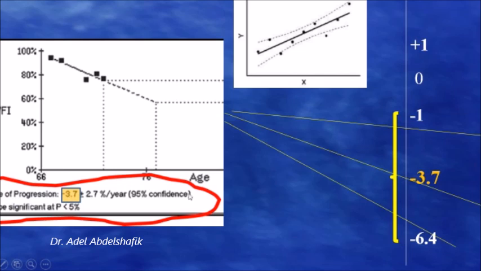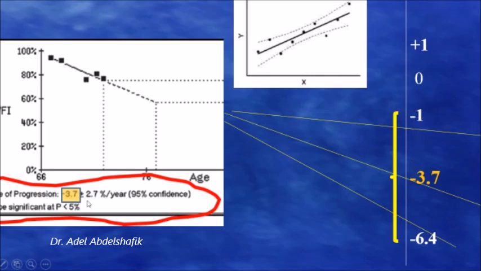What is meant by what's written here? The rate of regression is minus 3.7. The confidence interval can be something between plus or minus 2.7. That's to say, to the 3.7, if we add plus 2.7, we will go here, it will be minus 1.